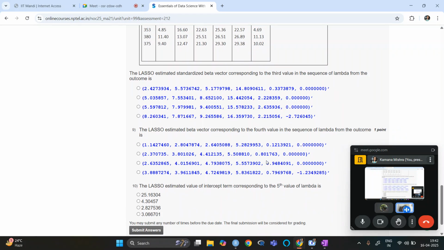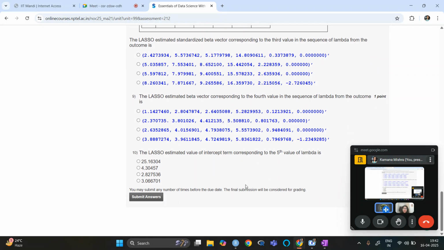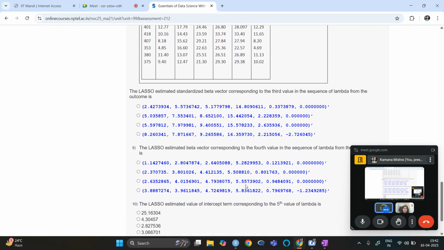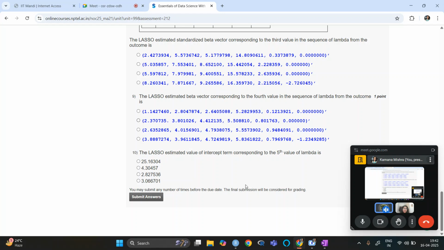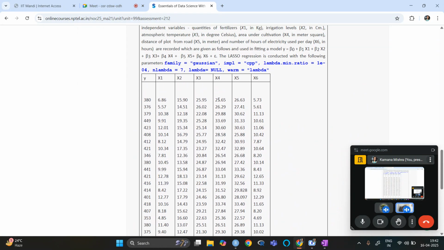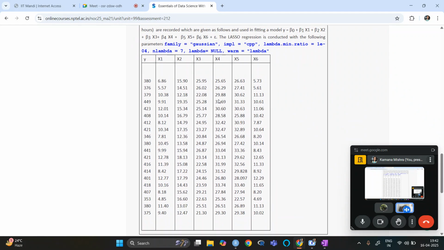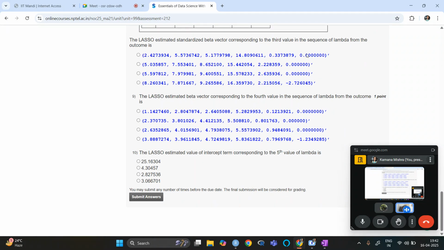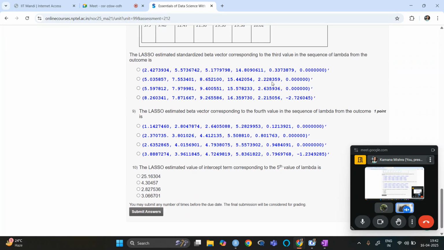So how have you found these answers? Yes, ma'am, I wrote the code from my app. If I can share my R function, let me see. You need to run this in your R. Without running, how have you got the answers?